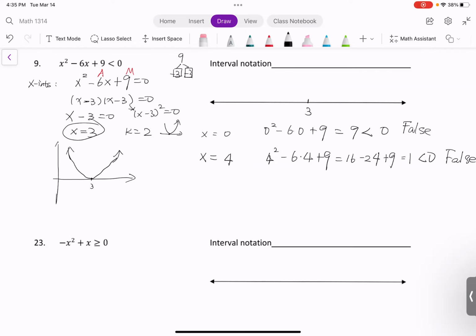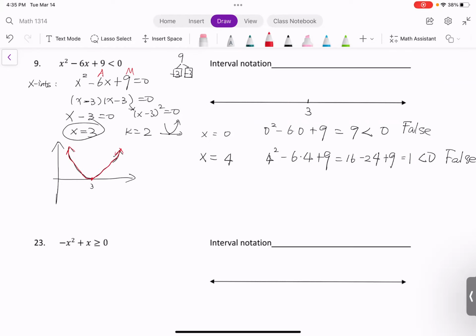Okay, for example, this is a graph. And look at the graph. The whole function is above the x-axis, or at least there is a touch. There's one point where y's value equals 0.